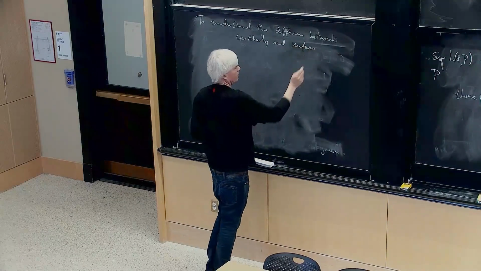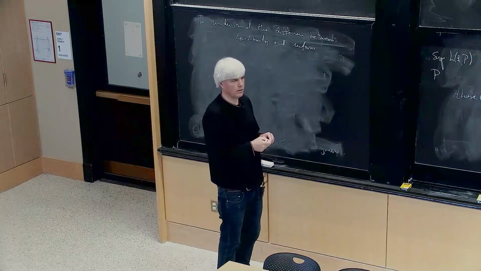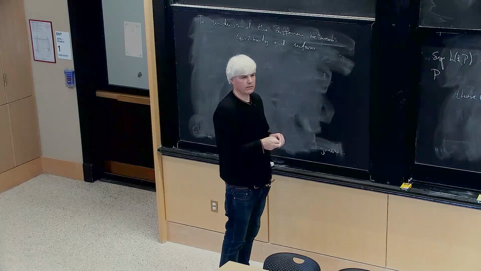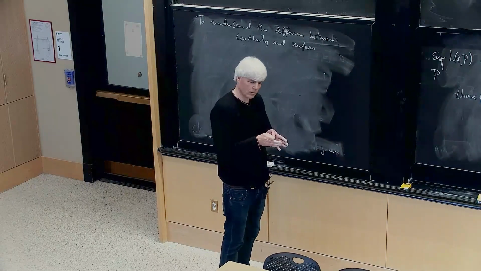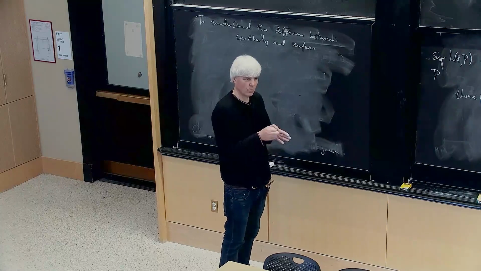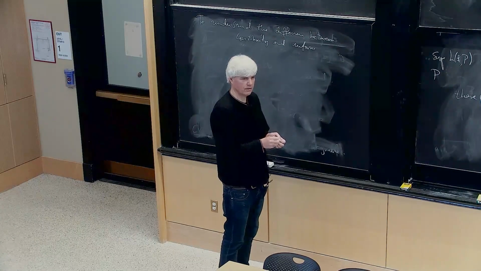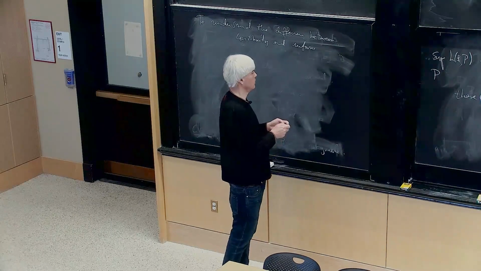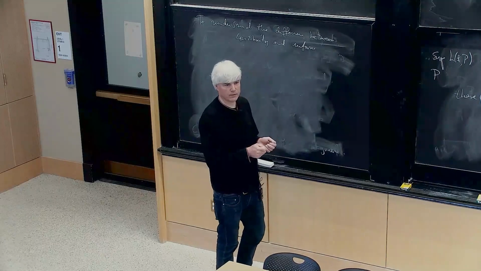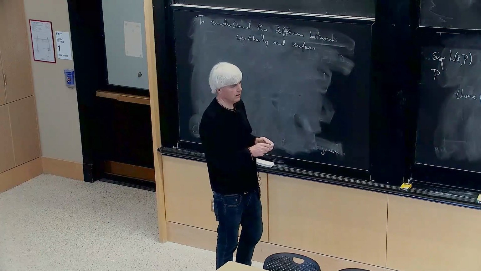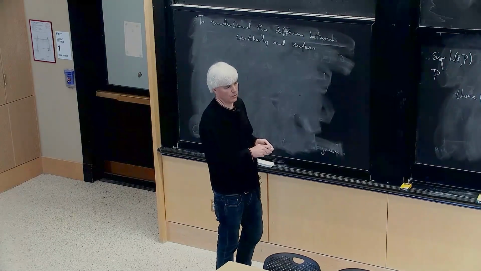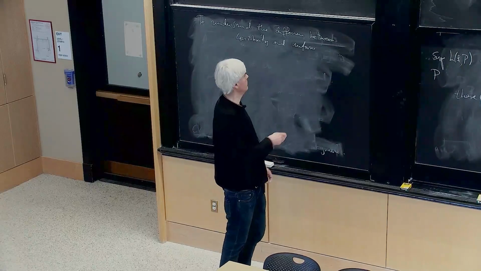Uniform, again, refers to the fact that x is not fixed. Usually we call the points x0 and x, so one of the two points was fixed. Uniform means that you don't need to fix it. It's like the same delta works for all x0s. Okay.